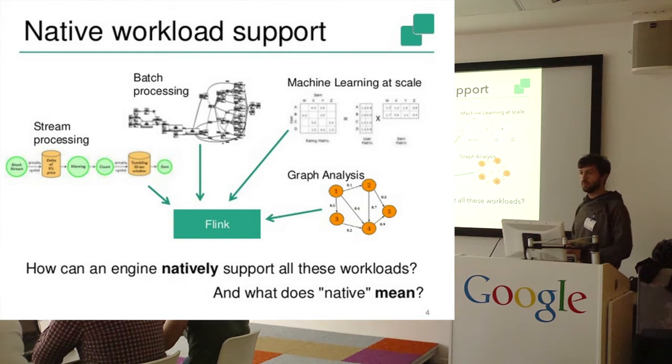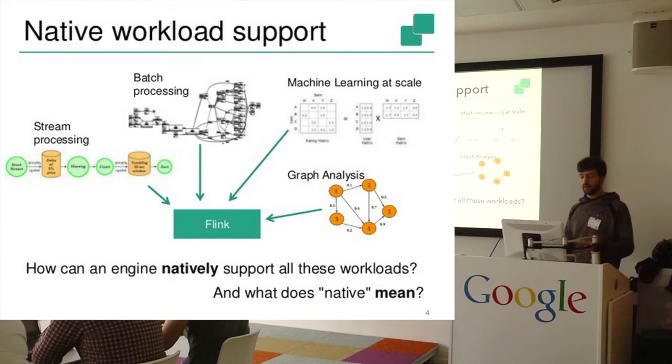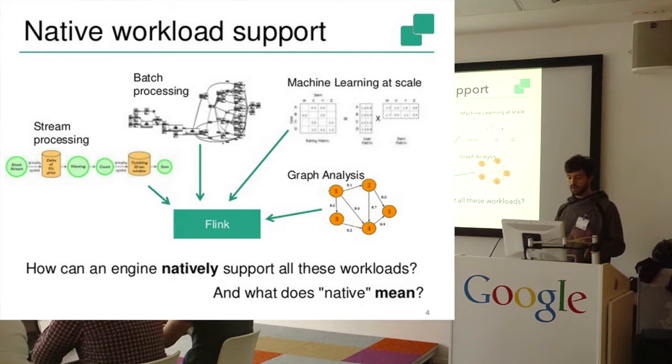For example, Hadoop has been around for a long time, and a lot of frameworks have been built on top of Hadoop, like Cascading, and they have basically tried to work around the existing capabilities to emulate a behavior, but not really support native execution. And what does native exactly mean?